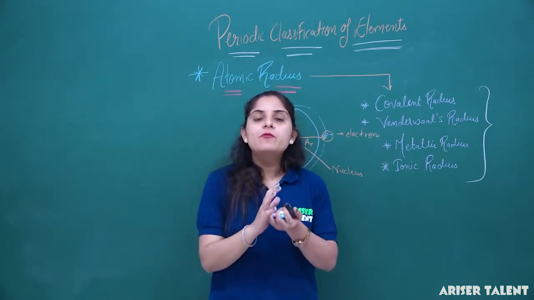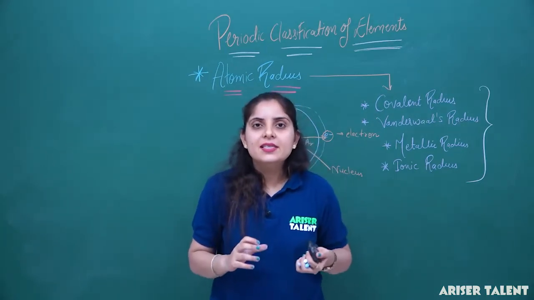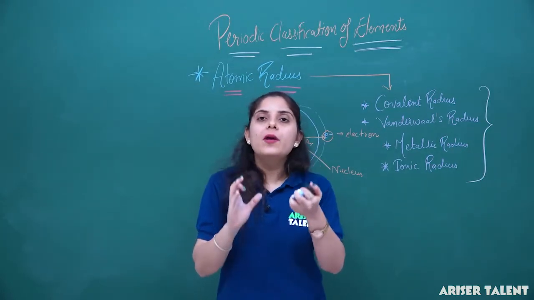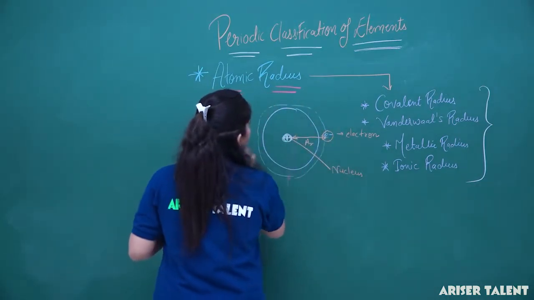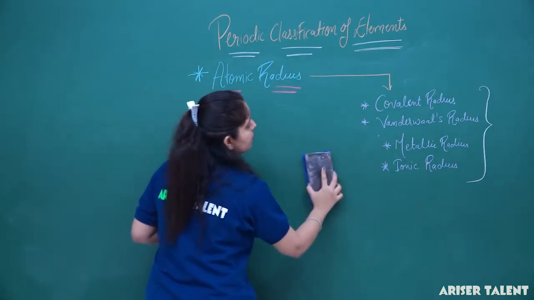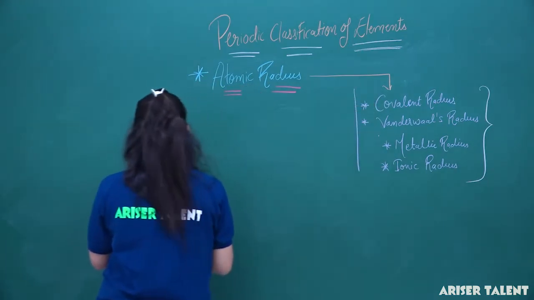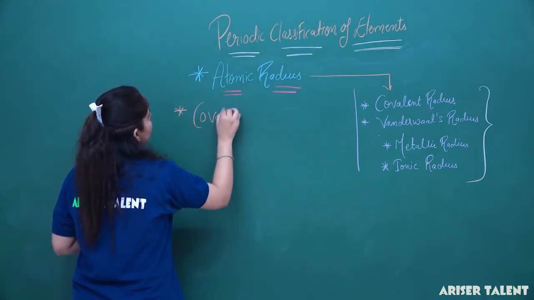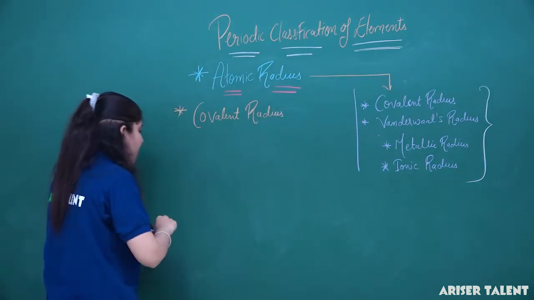Now, let us move to our first type of the radius, that is covalent radius. Now, what actually the covalent radius is? It is half of the internuclear distance between 2 covalently bonded atoms. First topic is about covalent radius.